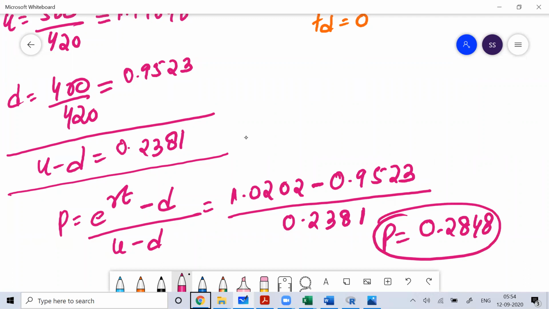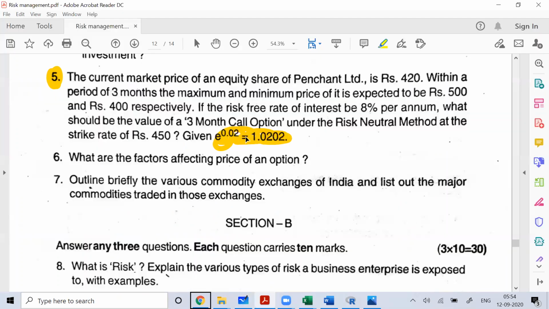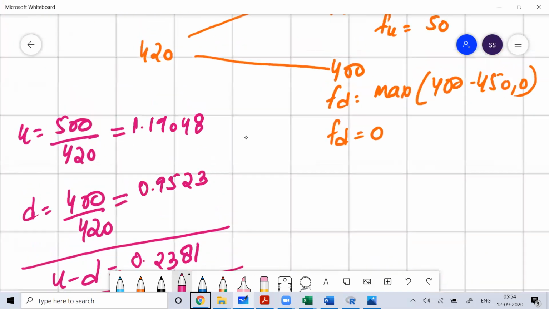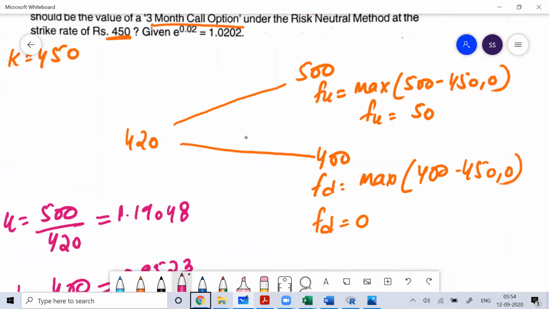You do this calculation and you'll get p equal to 0.2848.